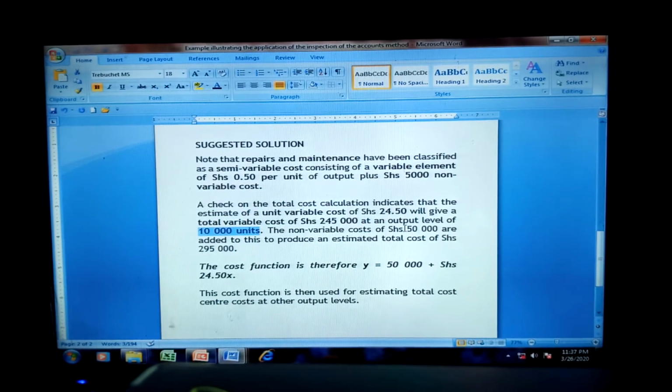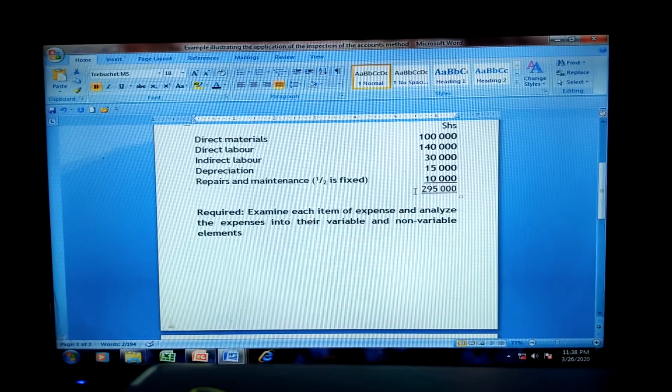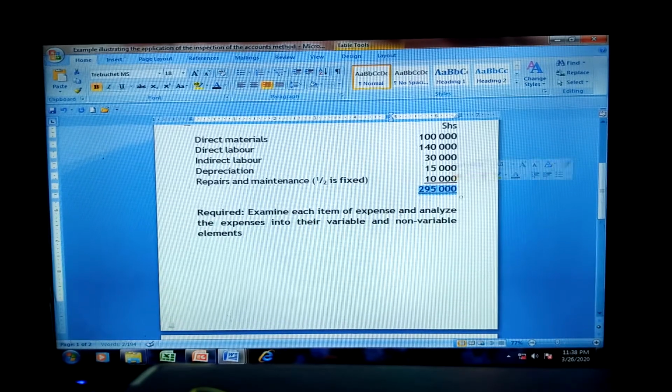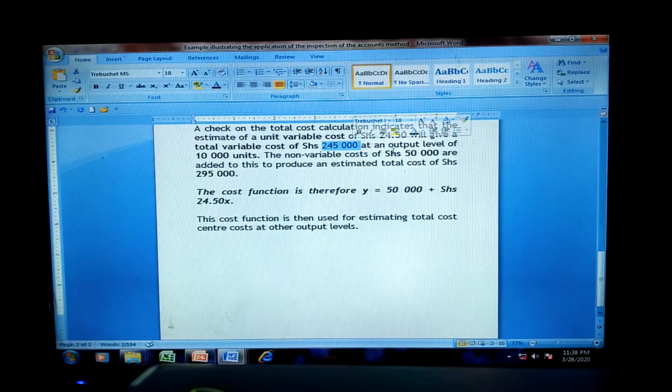The non-variable cost of shillings 50,000 are added to this to produce an estimated total cost of shillings 295,000. This is the same total of all the costs you have in the question, as you can see. But we have separated that into the variable and the non-variable component. So the variable component is 245,000 and the non-variable component is 50,000.